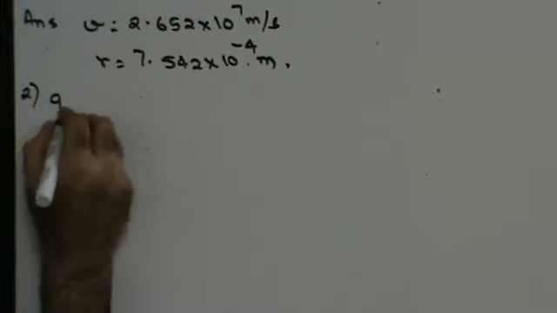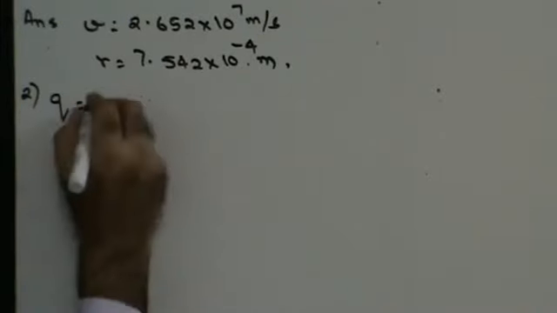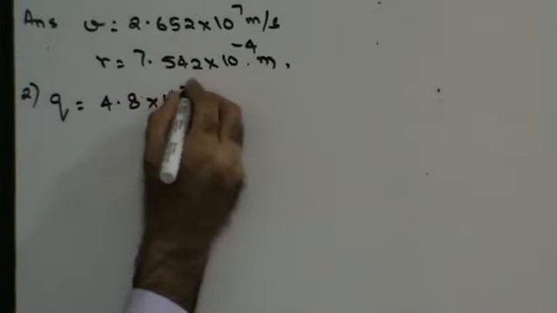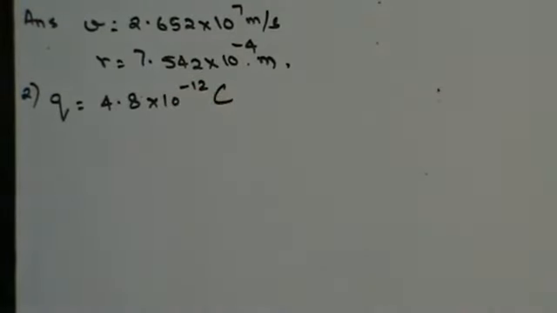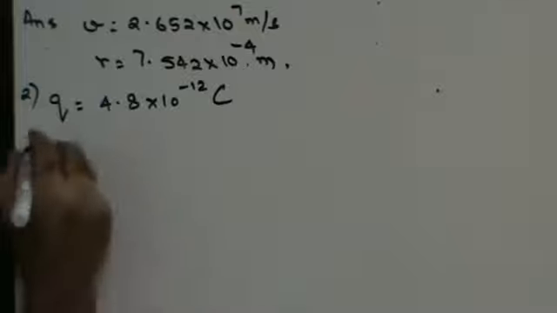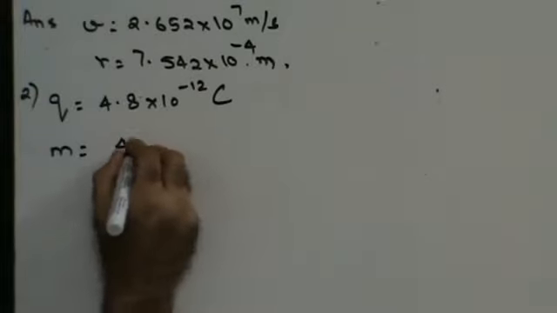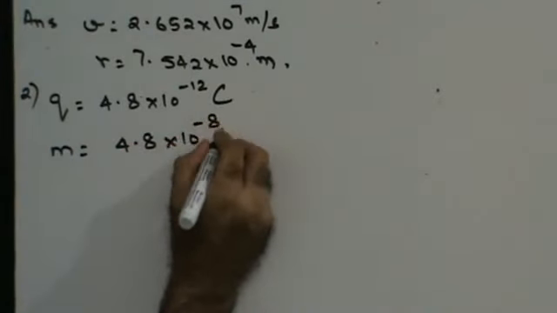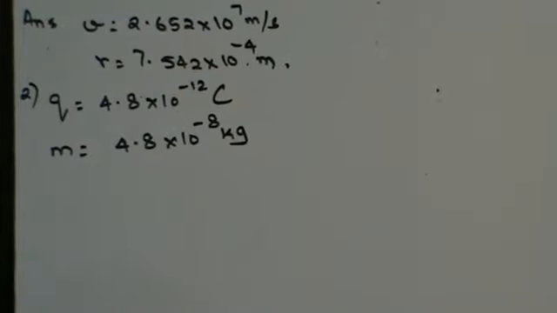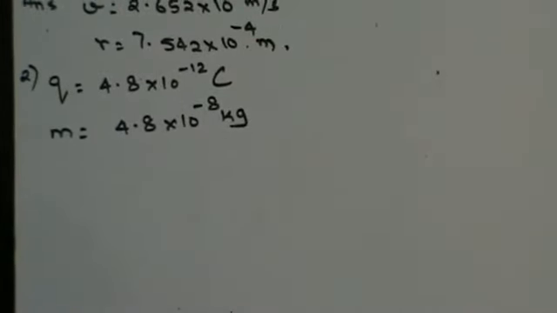If the charge on the drop is 4.8 into 10 raised to minus 12 coulombs and the mass of the drop is 4.8 into 10 raised to minus 8 kgs, find the strength of the electric field.